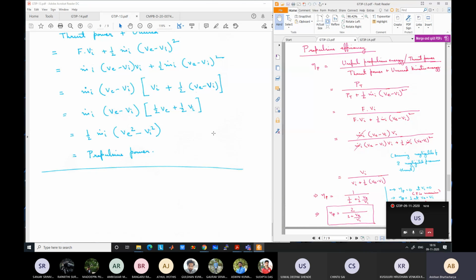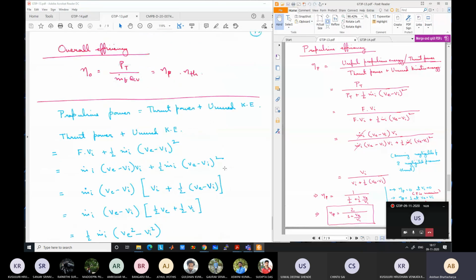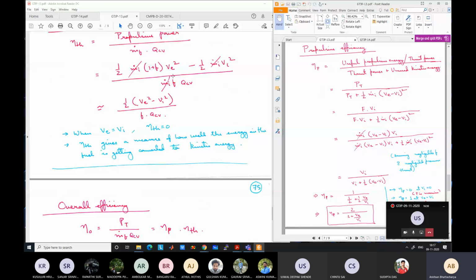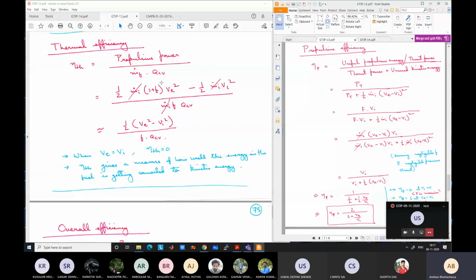This is very easy to understand if you consider that the energy conversion is occurring in two parts. First, there is some chemical energy in the fuel itself, which we can consider as m dot f into QCV. In the engine itself, this energy gets converted into two parts.